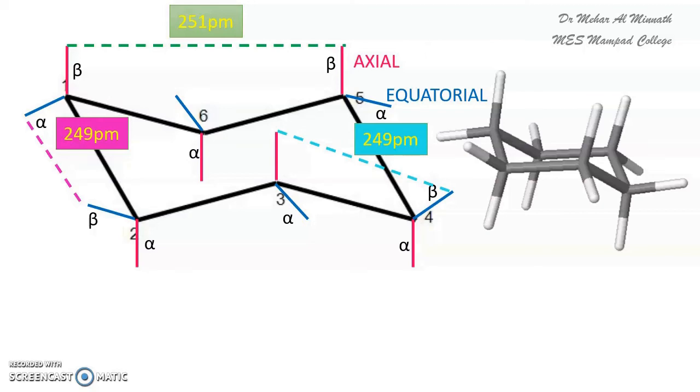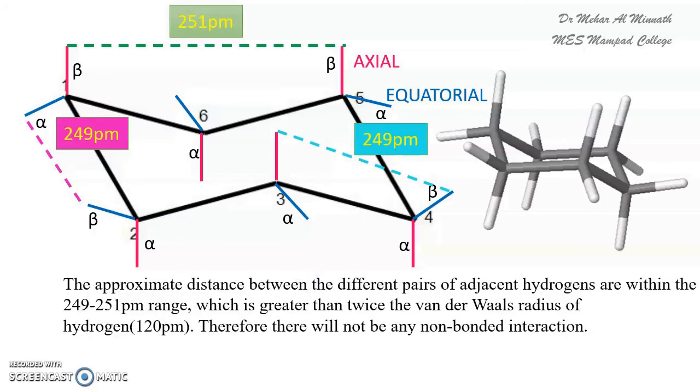So in chair conformation, the distance between the two hydrogen atoms on the adjacent carbon atoms, or on the carbon atoms which lie on the same plane, is much more than the 240 picometer, which is the distance between the nuclei of hydrogen atoms when they are placed one near the other.